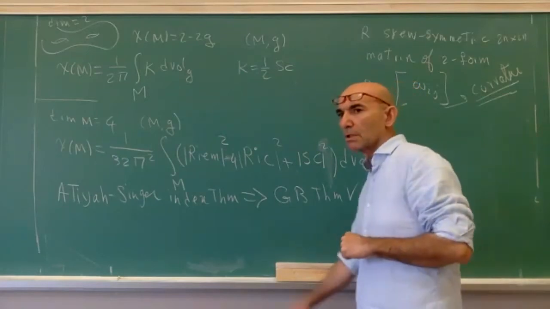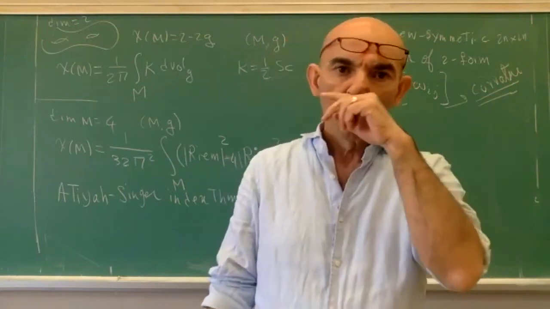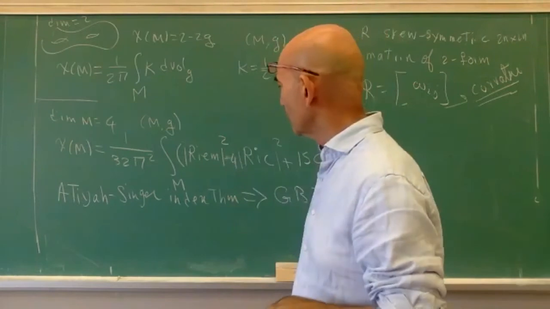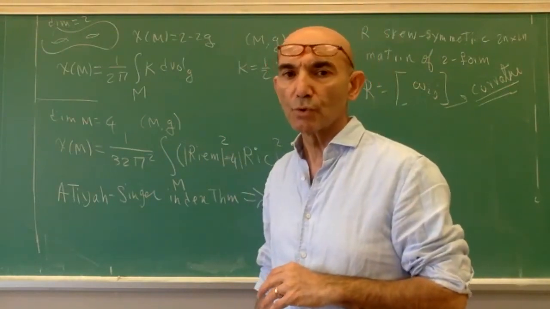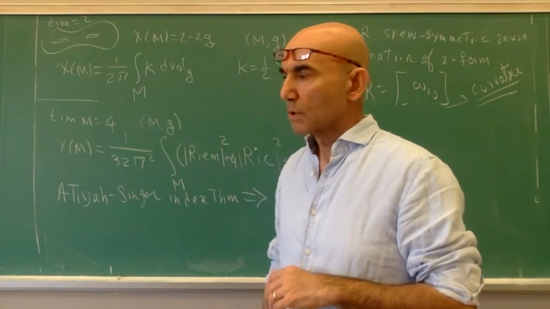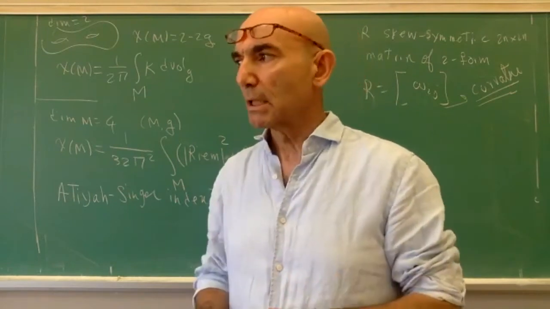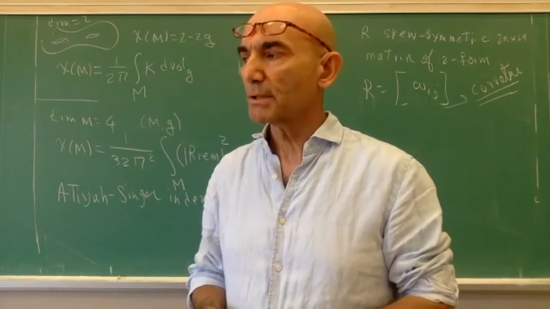Maybe take a 2 minute break or something, and then if you have questions, we can discuss, and then I'll go through other examples. So far, okay. We saw that the de Rham complex is an elliptic complex.